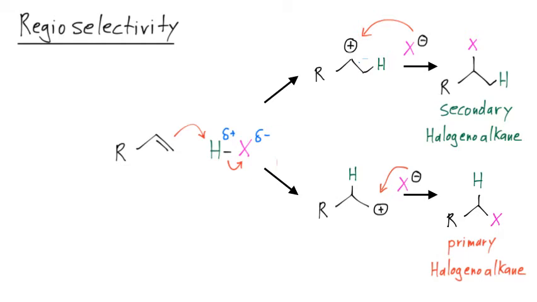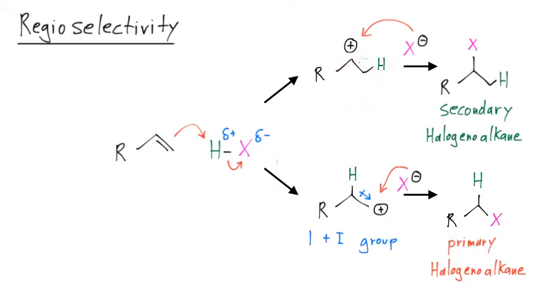And you probably already guessed it, it must be related to the stability of the intermediate carbocation. So looking at these two, we can ask ourselves, which carbocation is more stable? Well, this one here has the positive charge at the end carbon, and we have one plus I group, one methyl group, present.